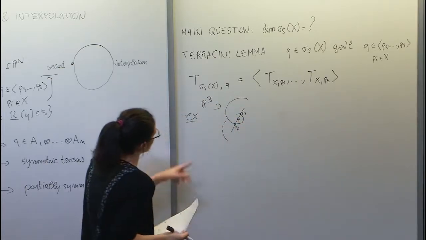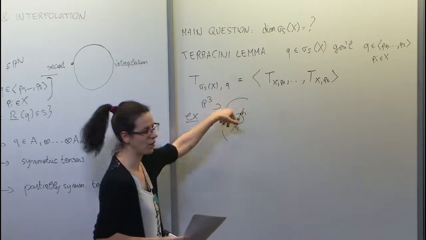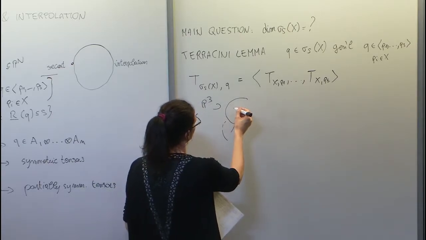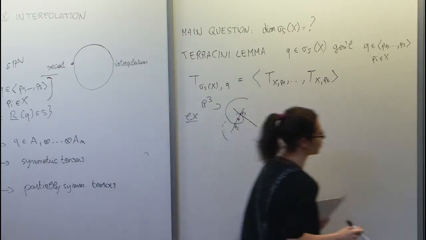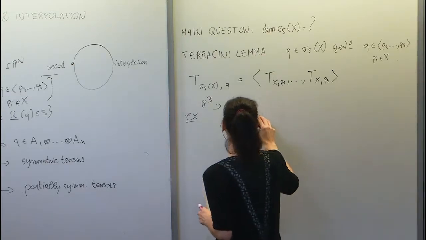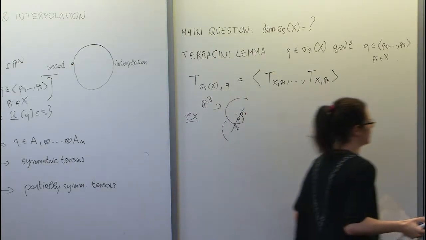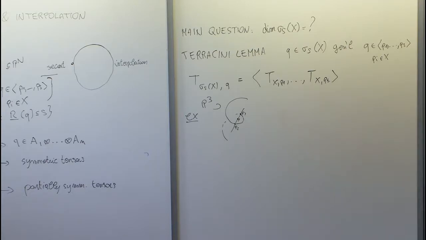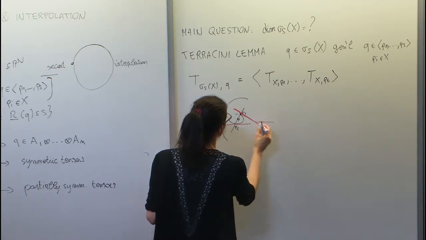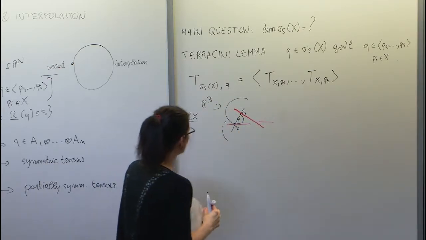And I want to compute the tangent space to the variety at this point Q. Well, what I do is I take the tangent lines to the points P1 and P2, and I just compute the linear span of these lines. And this by Terracini's lemma is going to be my object. So I can take this line and this other line, and they will span a P^3.